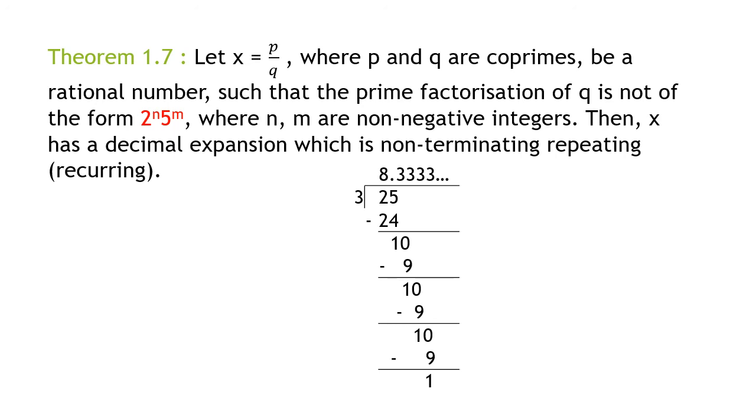Yes, it's a rational number. So I have done one for you, 25 upon 3. Now q is 3, not in the power of 2 or 5. So we get a decimal which is non-terminating but recurring. So this is the theorem and these are the only things done here, and this is the last topic of the chapter.